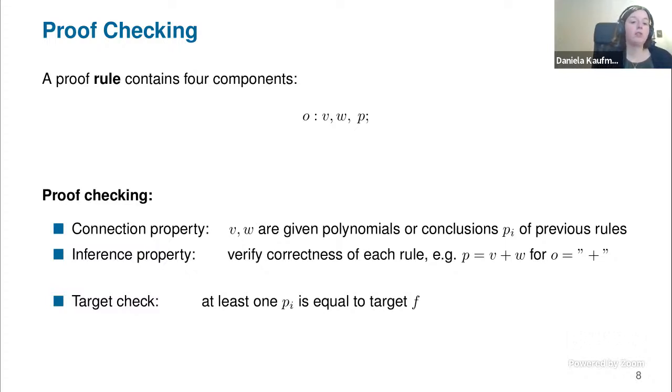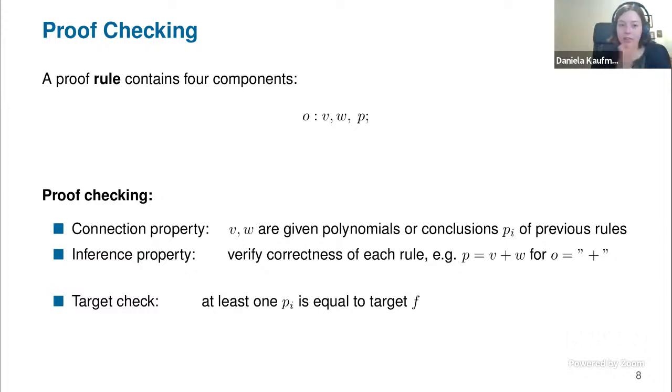And then we check the inference property, namely the correctness of each proof rule, so that the conclusion can be derived from the antecedents using the given operator. And furthermore, we also make a target check, so that at least one of the conclusion polynomials in the proof is equal to the target which we want to have, for example, the specification of the multiplier circuit.